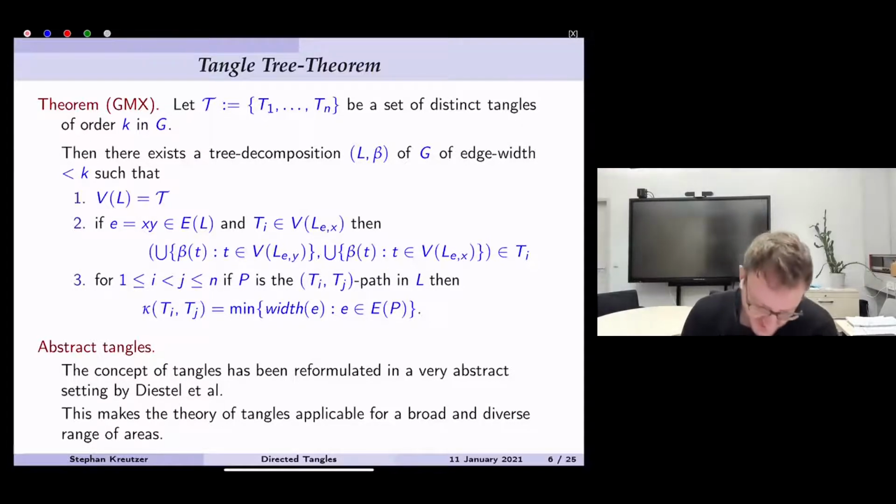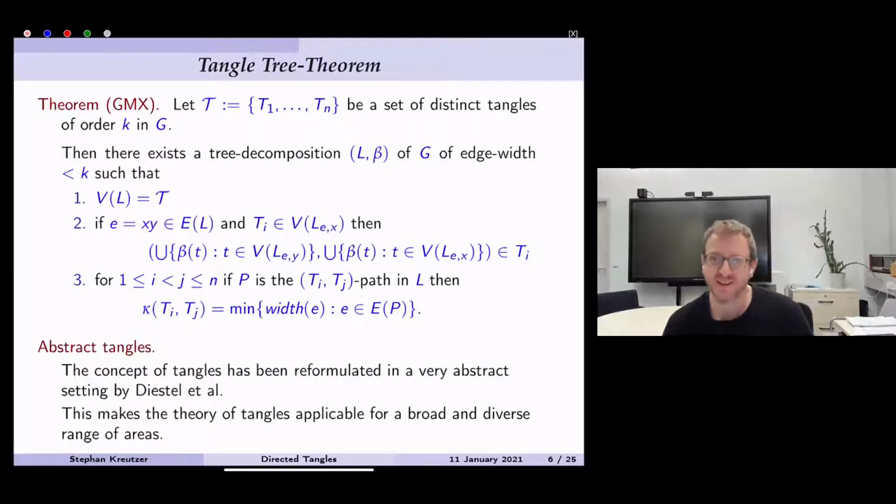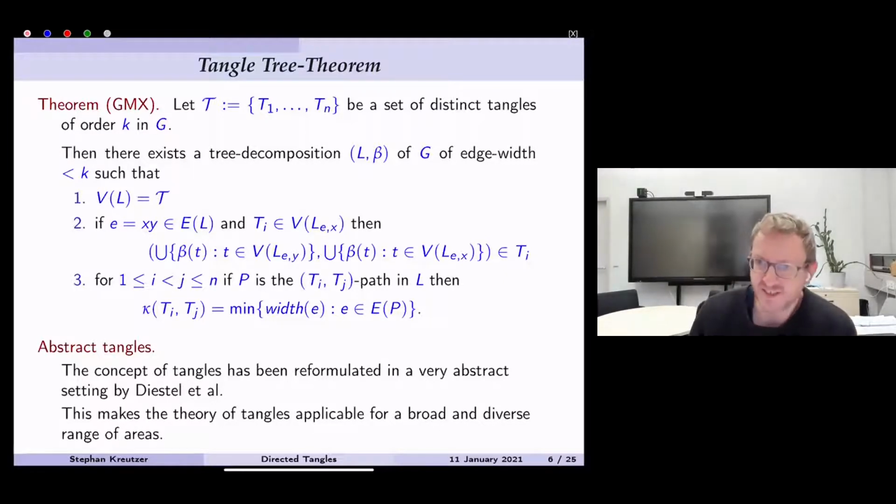This allows them to apply the theory of tangles in a broad range of applications, from sociology to whatever you ask. So basically everything that exists, you could throw this theory of tangles on it, except for directed graphs.